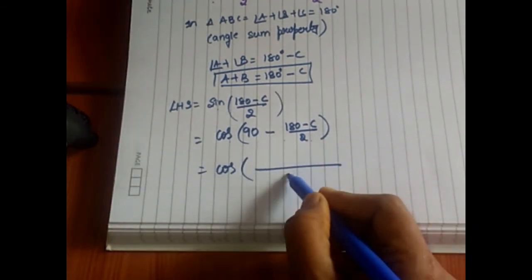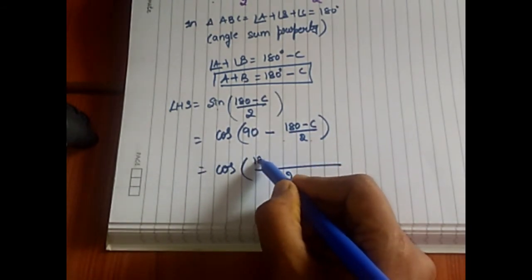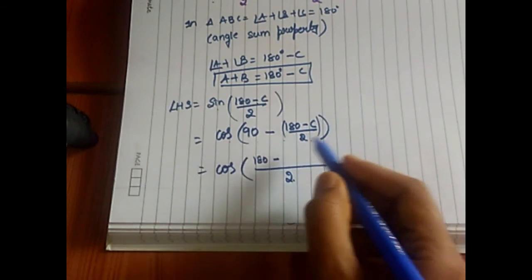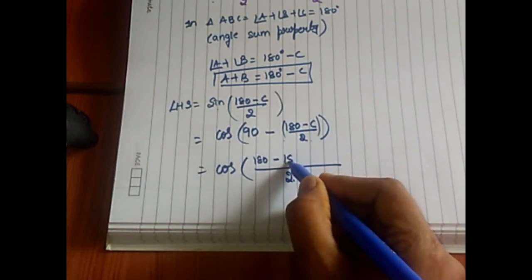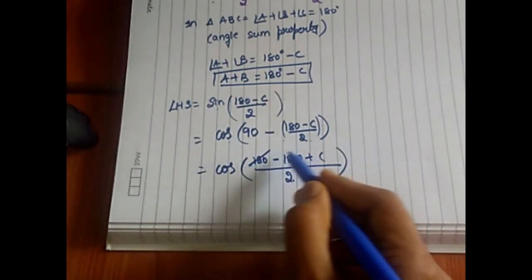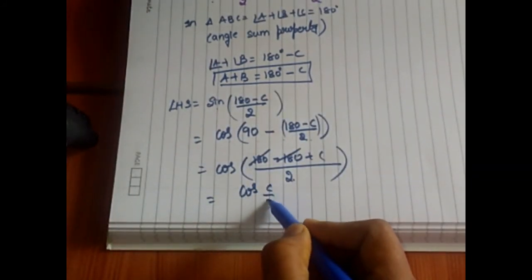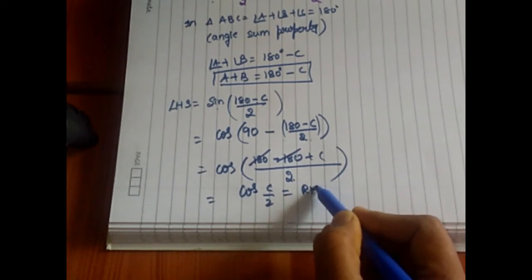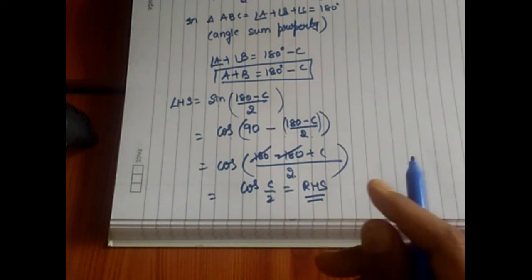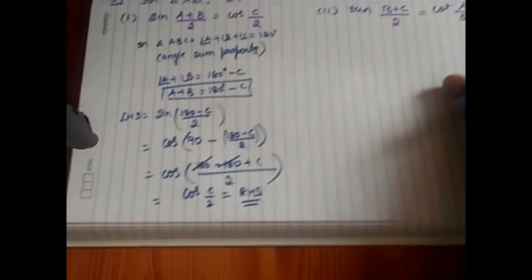Take 2 as the LCM. 90 into 2, 180. This is minus. 2 is the LCM, so it is 180 minus, minus into minus plus C. 180 minus 180 cancel. You will get cos C by 2, which is equal to my RHS. Therefore, LHS is equal to RHS, hence proved.